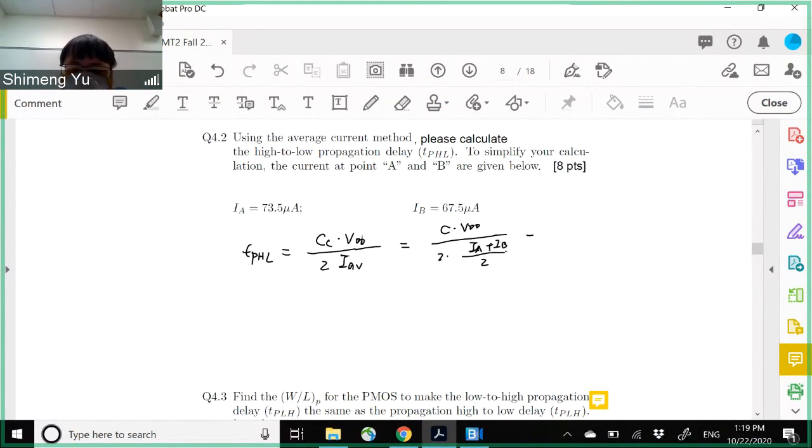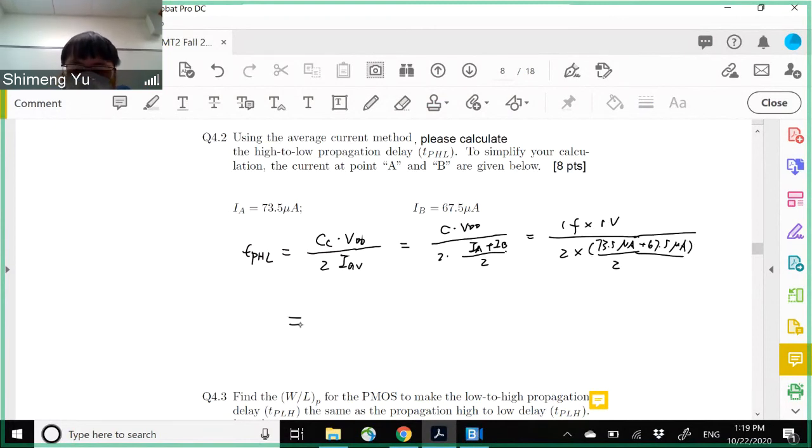And basically you plug in the numbers, like the capacitance is 1 femto, and VDD is 1 volt, divided by 2, and times those two numbers. So you can do the calculation.